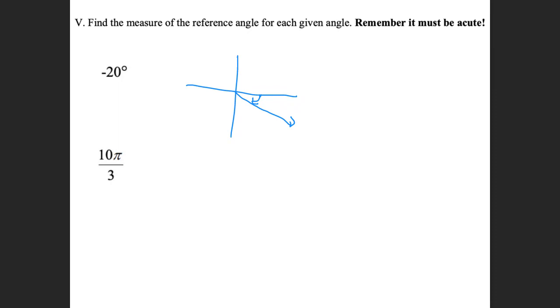It's 20. The reference angle is 20 because remember, the reference angle is the angle from the terminal side to the x-axis. This is my reference angle right here. So that's 20 degrees. Boom, done. Now this one's a little bit tougher because the first thing I would have to do is change it to degree measure and then work it out.